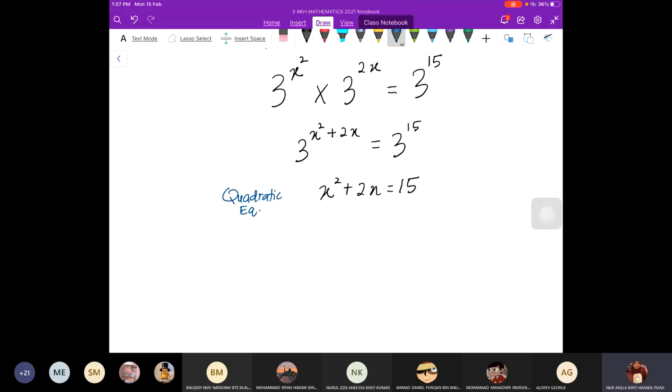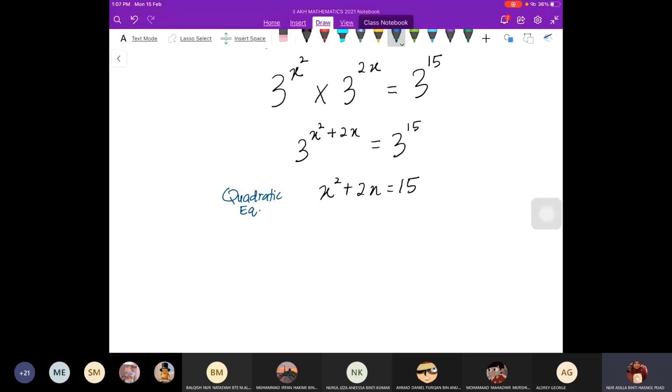Okay. So maksudnya boleh. Alright, kamu belajar. Okay. So quadratic equation. Can't remember when you thought about this.